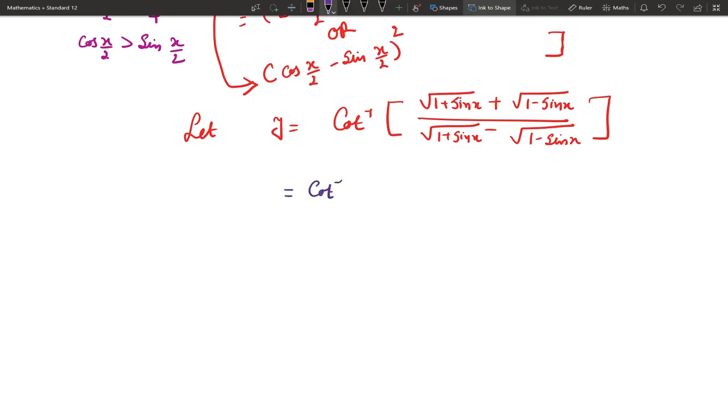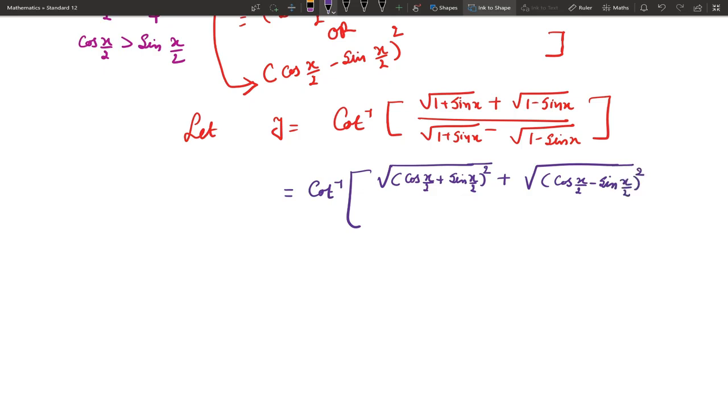This is cot inverse. Now 1 plus sin x can be written as (cos x by 2 plus sin x by 2) whole square, plus, as we have discussed, for 1 minus sin x we will write (cos x by 2 minus sin x by 2) whole square.